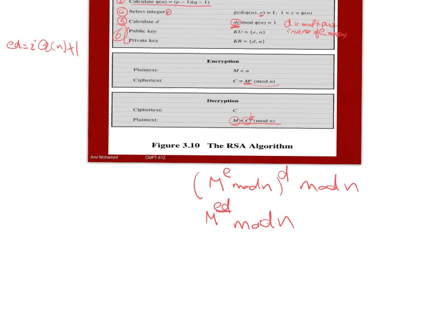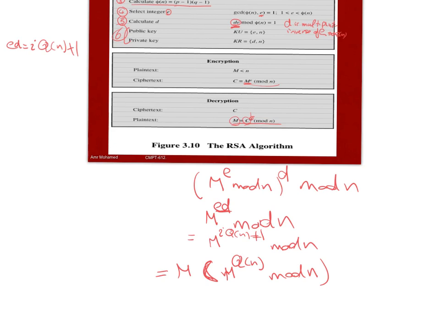So this is in fact equivalent to I times totient of n plus 1, mod n. So this can be separated to m by itself multiplied by m to the power totient of n, all to the power I, mod n.